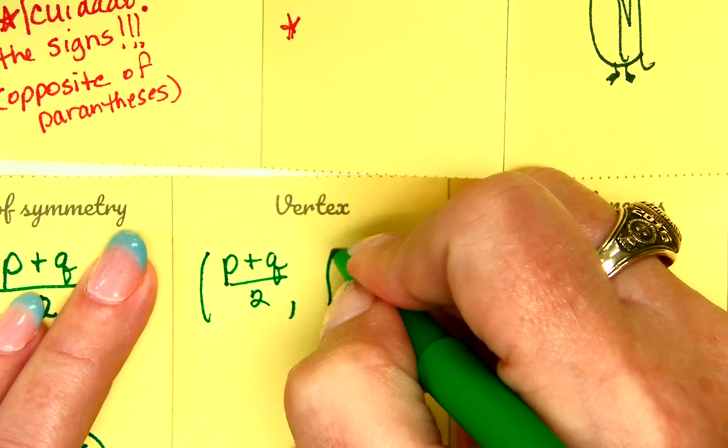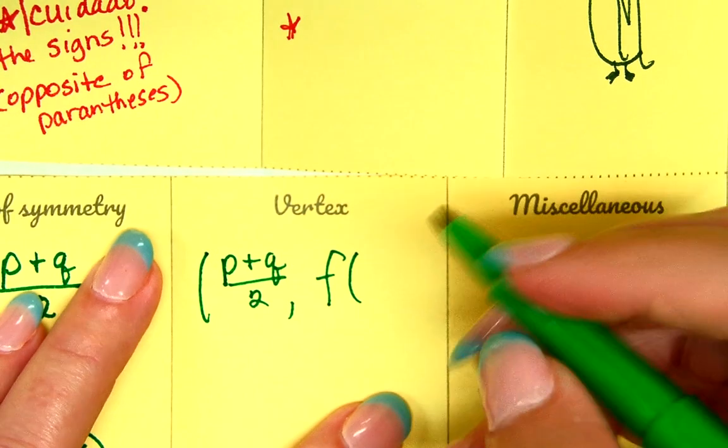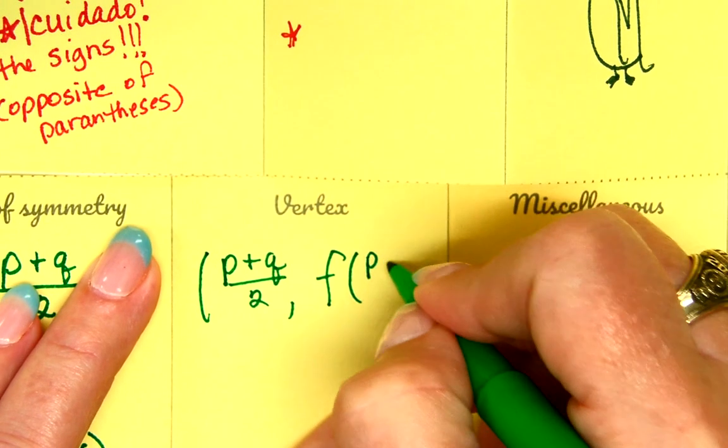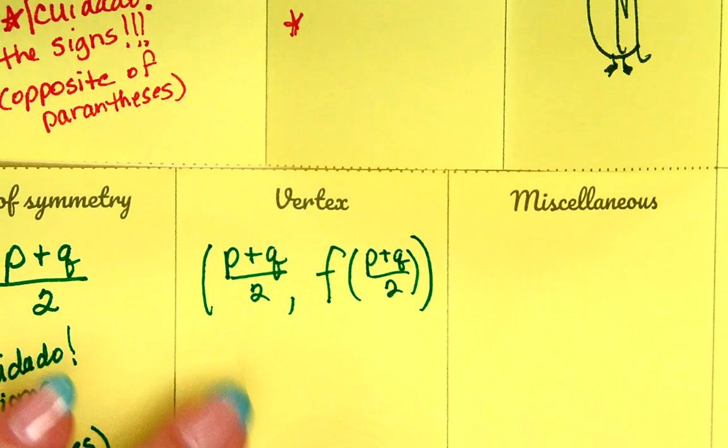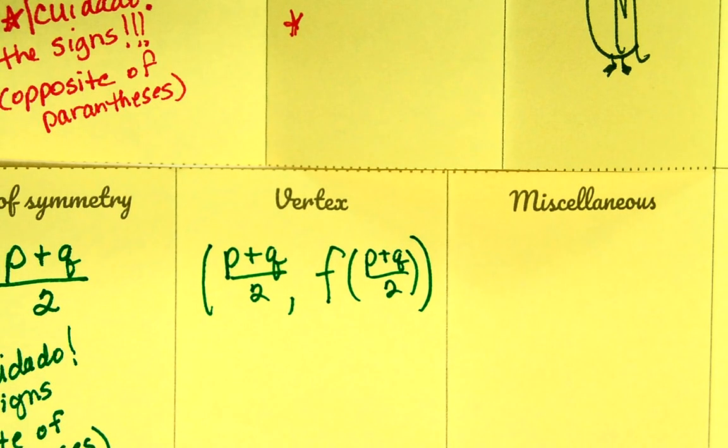The y-coordinate is messy like it was in the previous one in the standard form. It's f of P plus Q over 2. But once you know what P plus Q over 2 is, it's not messy anymore, is it? Because what are we doing with that?